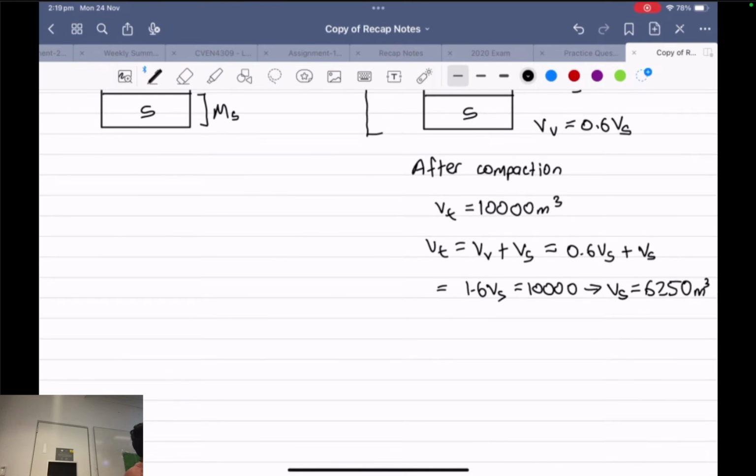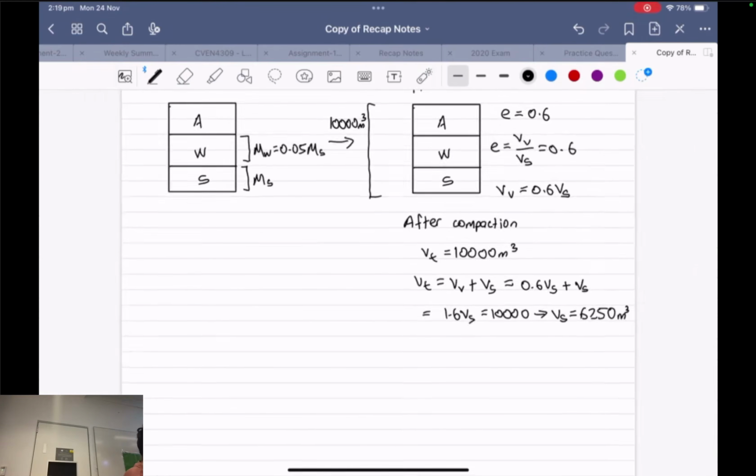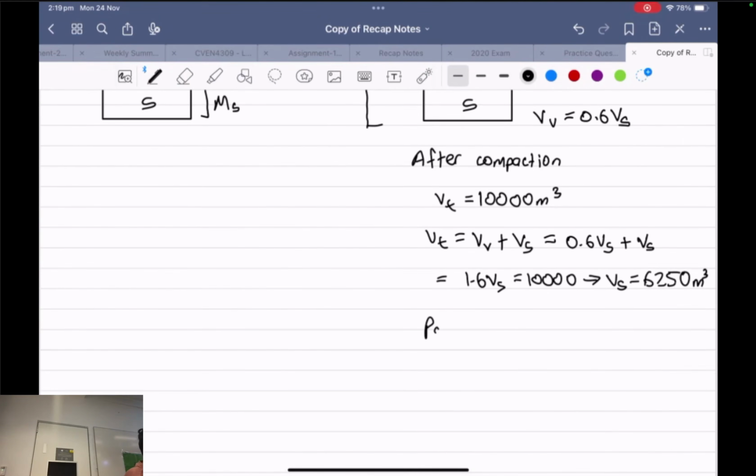Here we can use the density of solids. So we know that density of solids is equal to the mass of solids divided by the volume of solids. We have the volume of solids, we want to find the mass of solids, but do we have the density of solids? We're not given the value, but we can find it using another relationship, which is specific gravity, right?